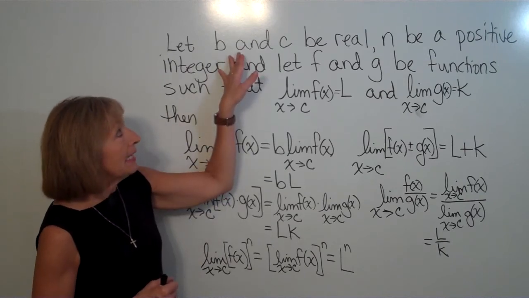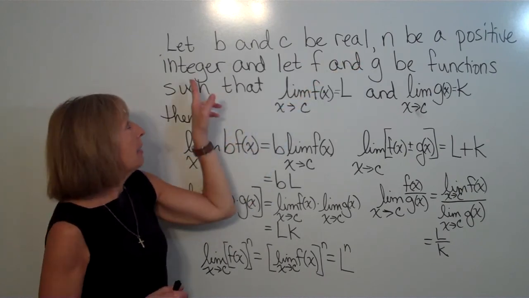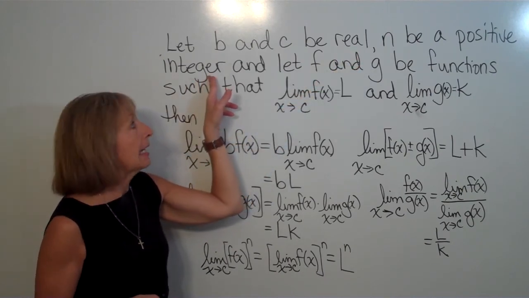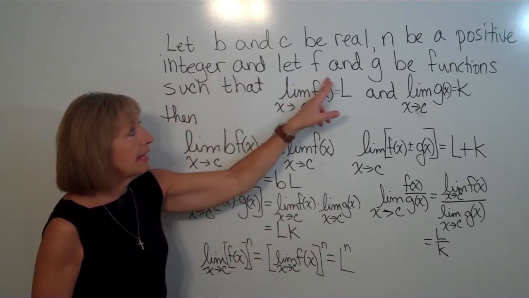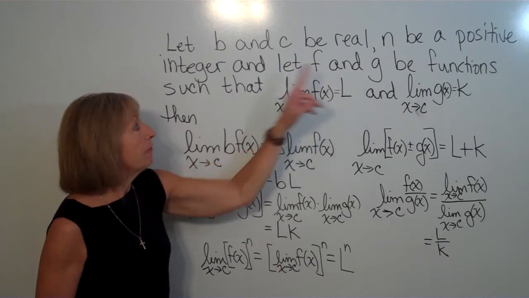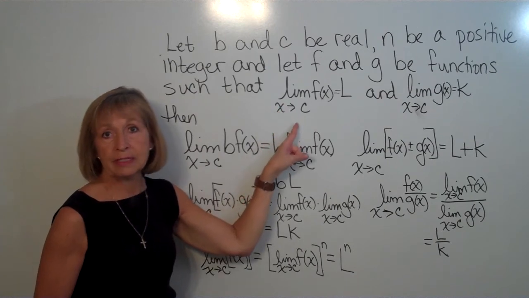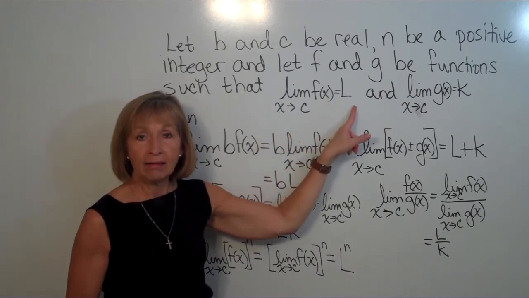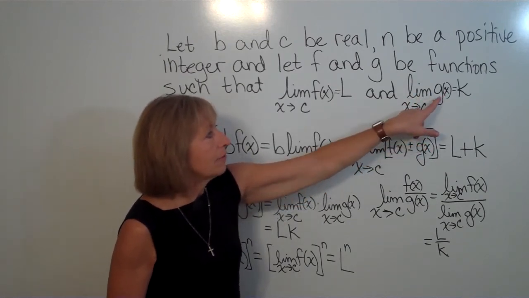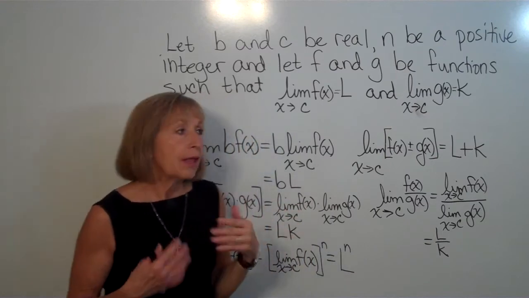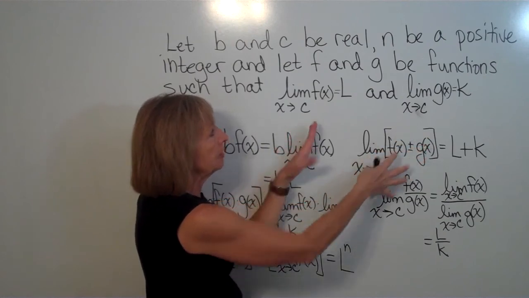So let b and c be real numbers, and let n be a positive integer. So again, the n has to be 1, 2, 3, 4, 5, 6, etc. And then let f and g be functions such that the limit as x approaches c of f of x is L, and the limit as x approaches c of g of x is K. So they're both approaching the same x value for these two different functions.